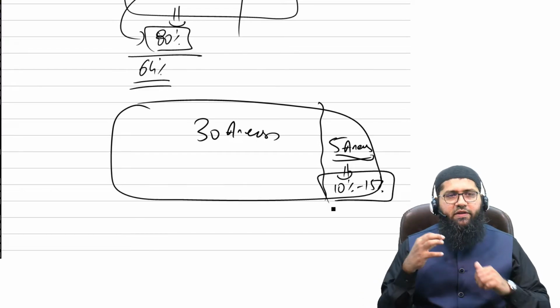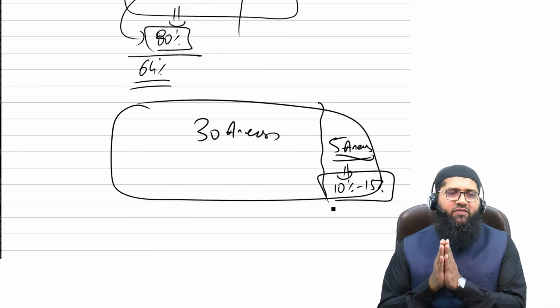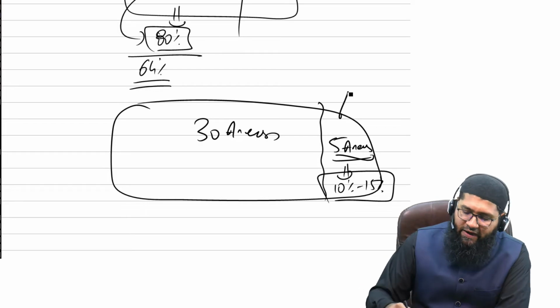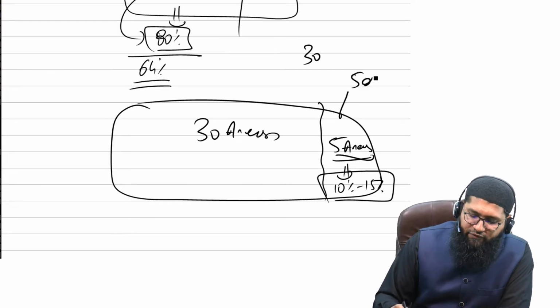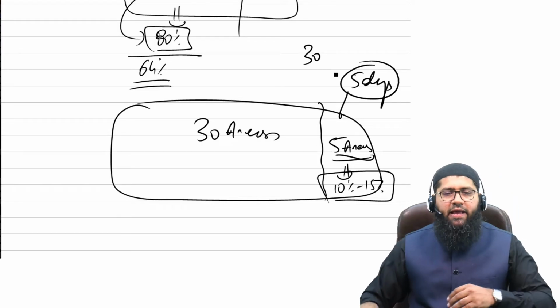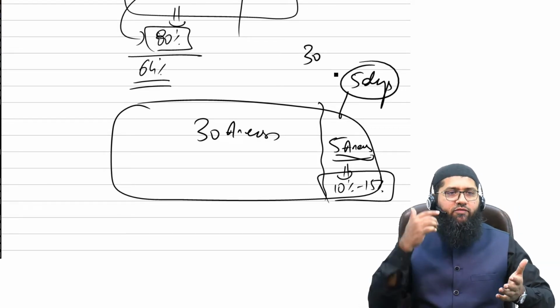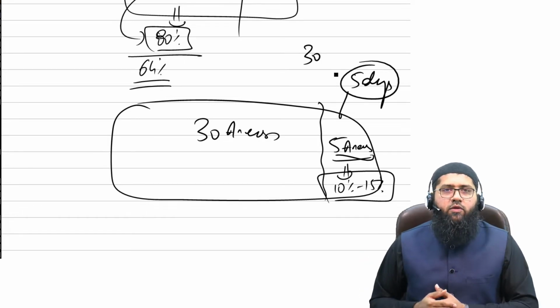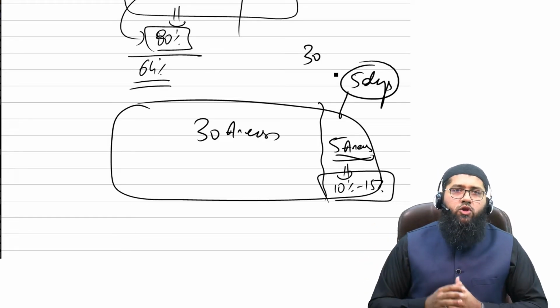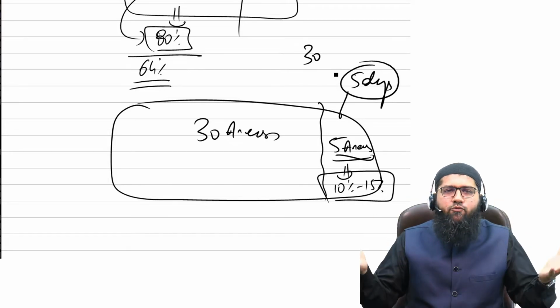If you have 25 or 30 days to prepare, and you spend 5 days on them, and at the end of the day you don't actually know what you have studied in these five areas, where are you going to stand? You will be in a position where your time would have been lost.